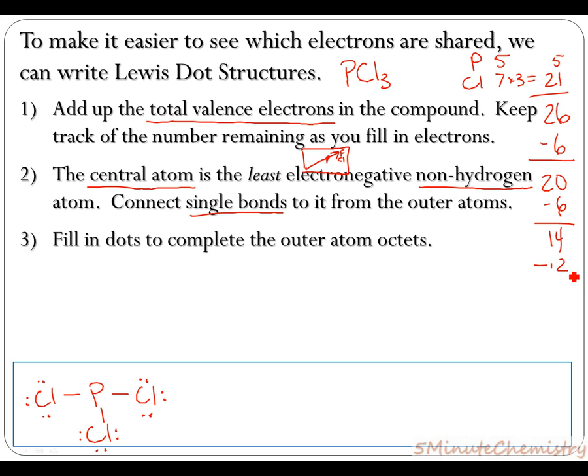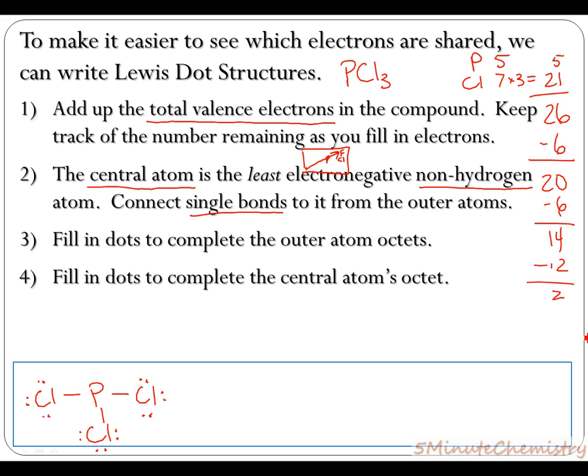We'll take these 12 away, and now I'm left with 2 electrons. Now we need to fill in dots to make the central atom's octet full. Currently, the phosphorus has 2, 4, 6. We're going to add 7, 8. That gets rid of the rest of our electrons, and now we're good.